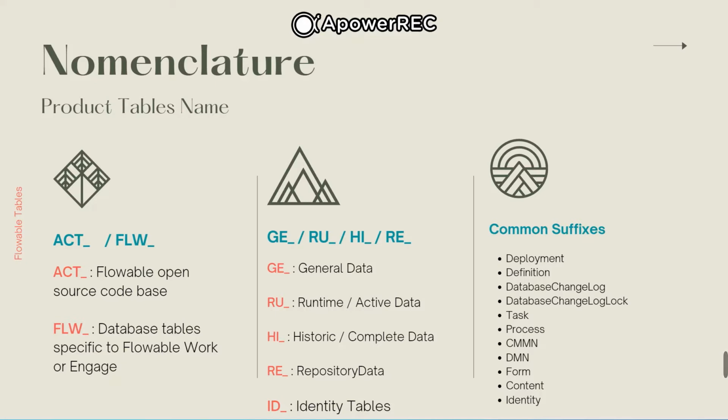After that, we have the definition tables, and one deployment can have multiple definitions, as we all know. And typically, there is a definition for each model in the deployment, for example for a process, a case or a form definition. The table contains all the definitions that are known to the engine and from which a new instance of the definition can be started.